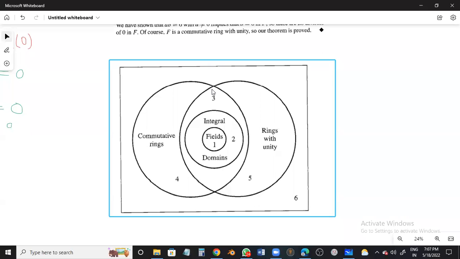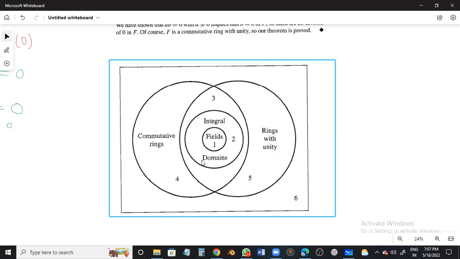Now see, if the multiplication has unity in a particular ring, we call it a ring with unity. It is not necessary that every ring with unity must be commutative. It is not so. Some rings may be commutative, and there are some rings which are commutative plus they have unity. So this kind of thing you're watching in this diagram.